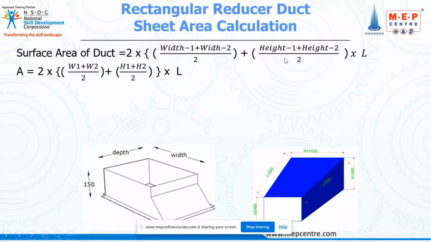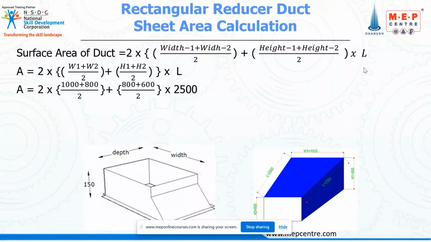So height का height average लिया, width का width average लिया. So width 1 plus width 2 by 2, height 1 plus height 2 by 2 into length. That's it. We have taken the average of both values.